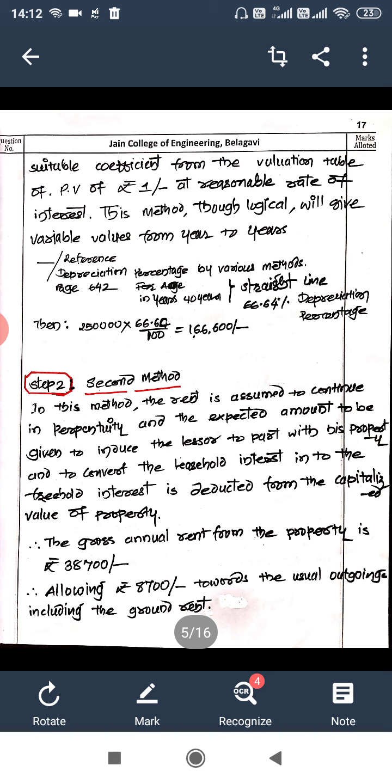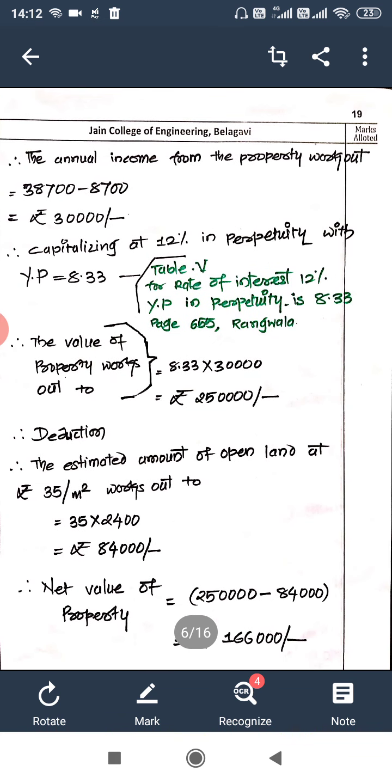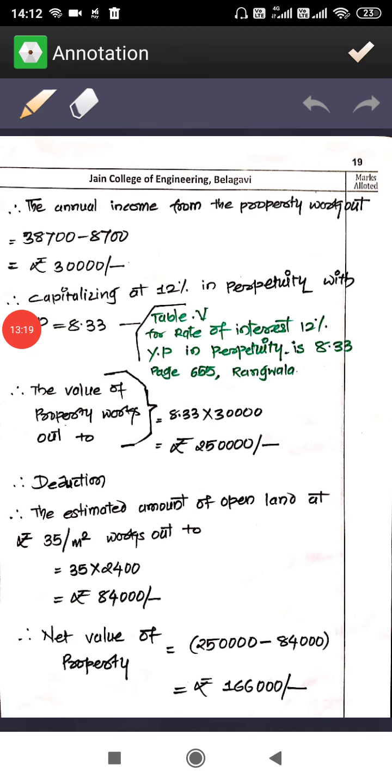And how that 2,50,000 came, I'll show you here. It is going to be from the deductions. Here I'll be taking 12% of the perpetuity with the year of purchase, 8.33. This will be on table number 5. From table number 5 we have to take this perpetuity for 12%.